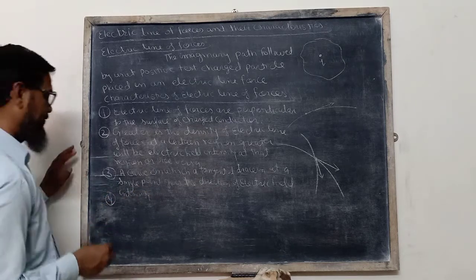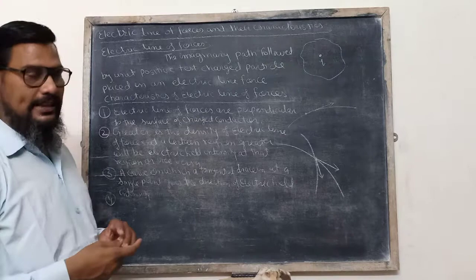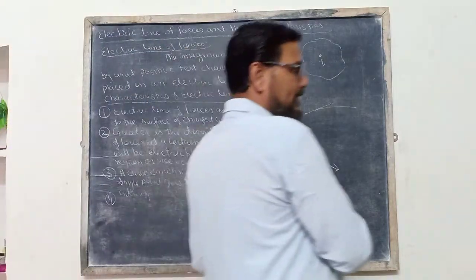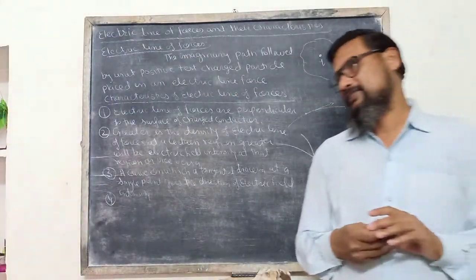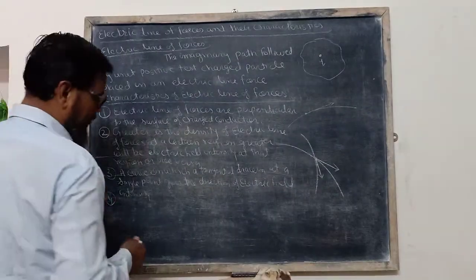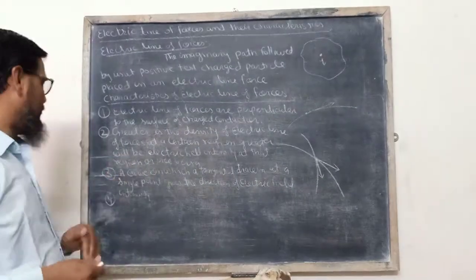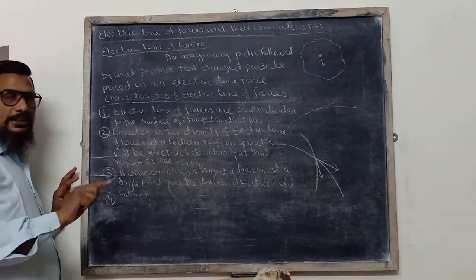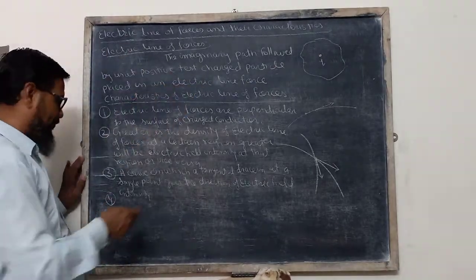Next characteristic: electric line of forces move from positive charge to negative charge. They never move from negative to positive charges. They always move from positive charge to negative charge.